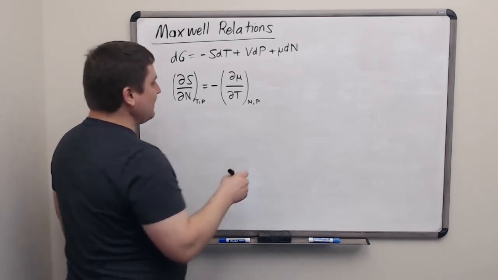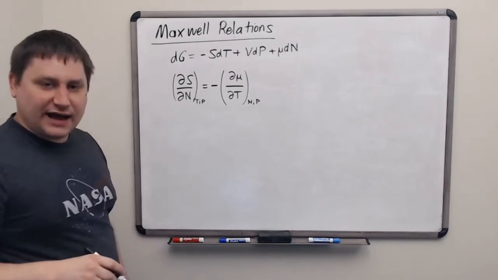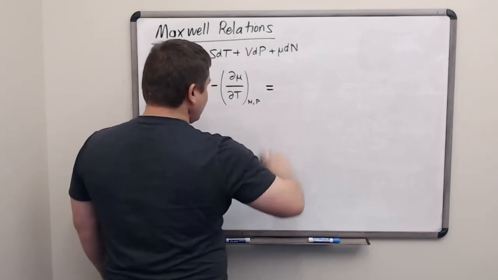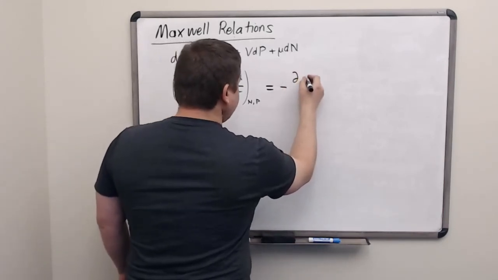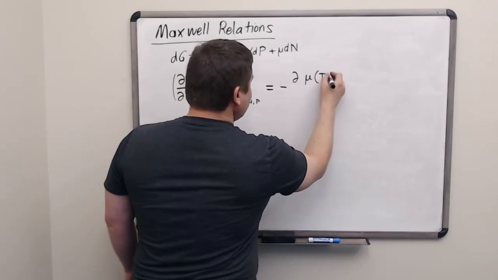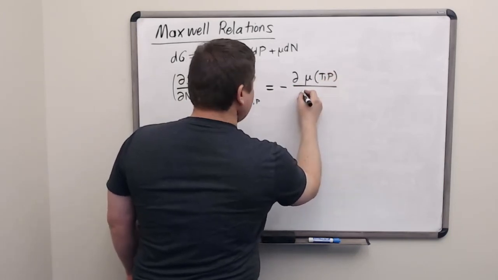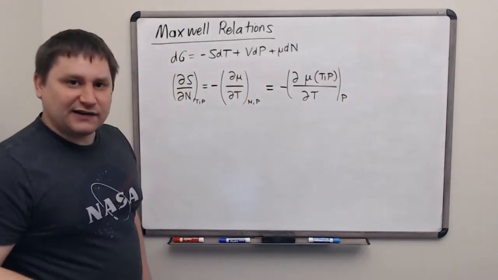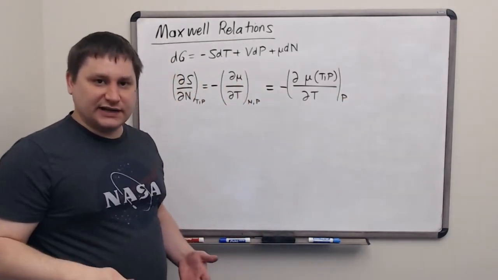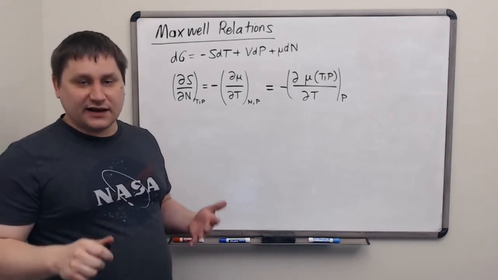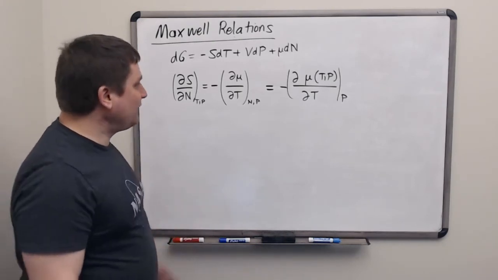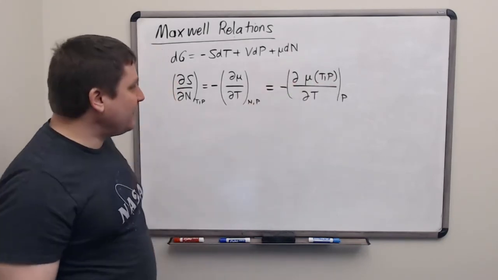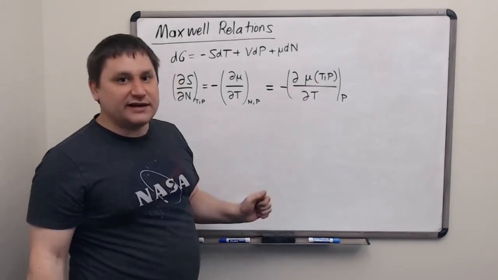But notice what we can tell here if we consider whether these quantities are extensive or intensive. Remember that since mu is an intensive quantity, if it is expressed in terms of only other intensive quantities, then no extensive quantities can appear in the formula for mu. So if I write mu as a function of t, p, and n, no n's will appear. That means mu is essentially a function of only t and p.